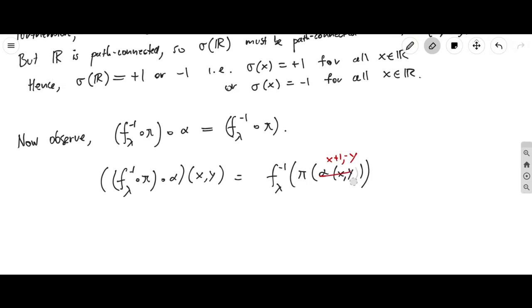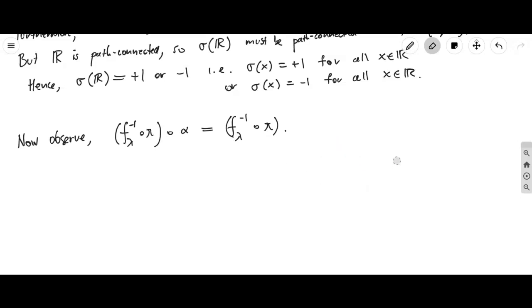That's how the automorphism was defined. But this is in the same equivalence class, so pi of that is the same as pi of x comma y, because x comma y is in the same equivalence class as x +1 comma -y. That's the reason this works out: composing with alpha returns the same map again.